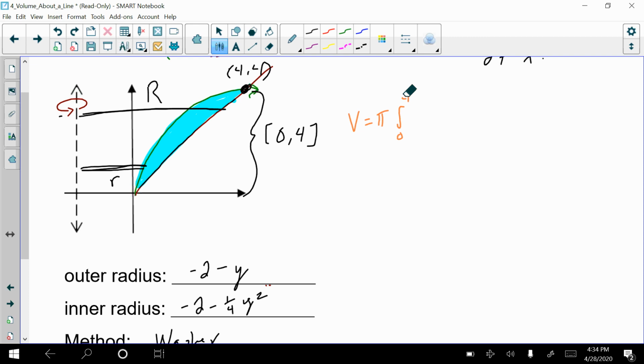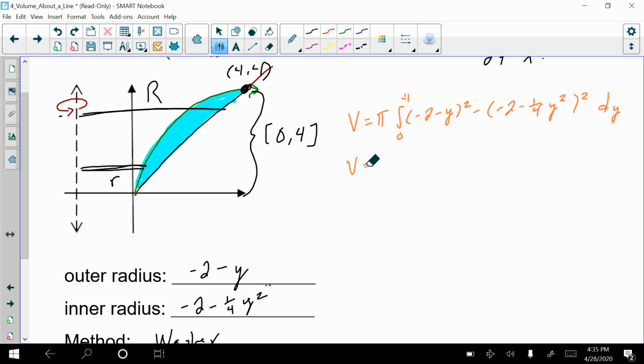Our outer radius is going to be -2 minus y squared. And then our inner radius is going to be -2 minus 1/4 y squared, all with respect to y.